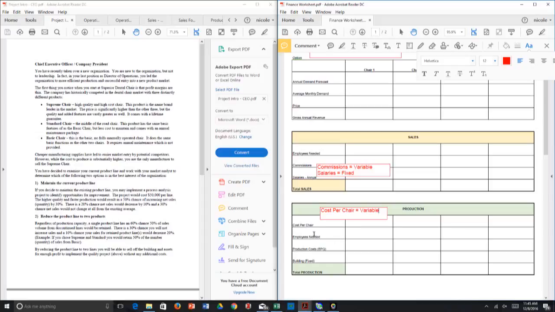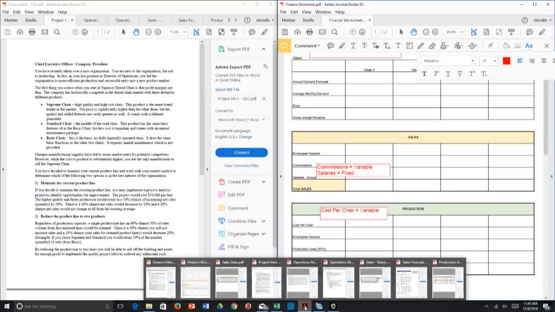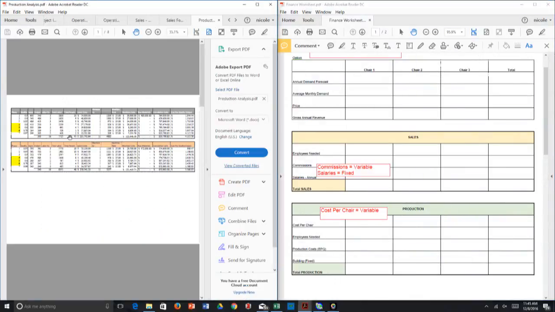Our employees needed are worked into our cost per chair. So let's take a look at our production information here. So this is the production analysis that we did to determine how much our total cost per chair would entail. And what did that involve?